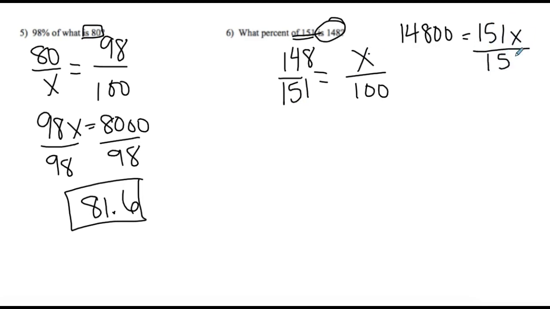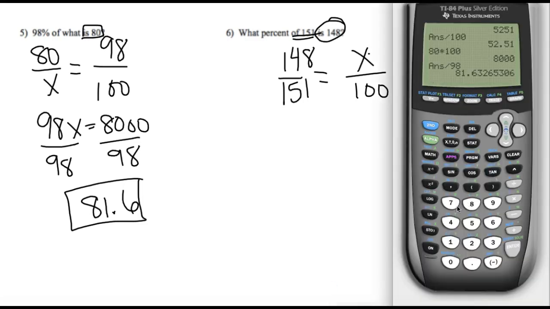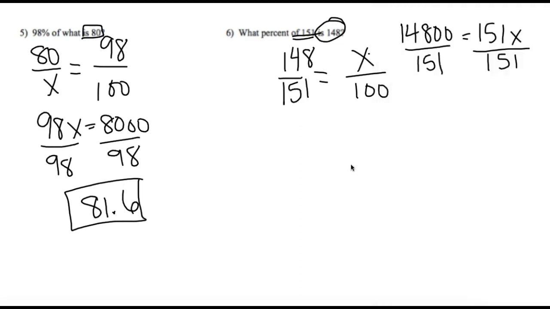Going to divide by the number in front of x, which is 151. So I have 148 times 100, and then I'm going to divide by 151. I get 98.01, or 98%.